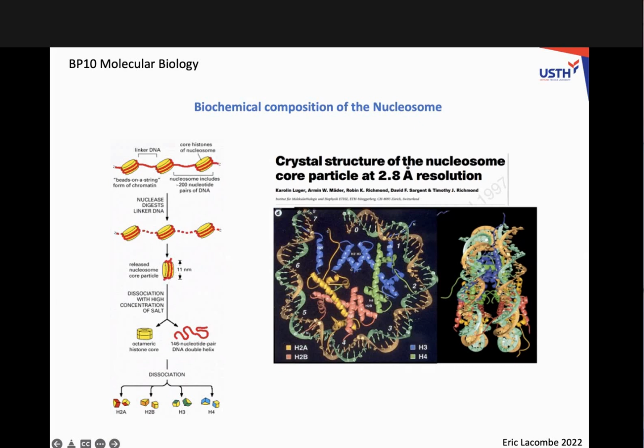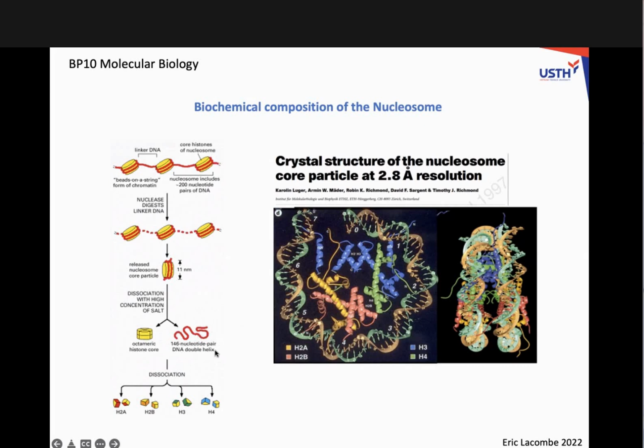After, because this type of interaction is a weak interaction, an ionic interaction, if we increase a little bit the concentration of salt, we can separate the DNA content from the protein content. This is what is written here. And then after, it's classical biochemistry analysis, which means from the dissociation of DNA and protein, we can analyze the DNA by itself.